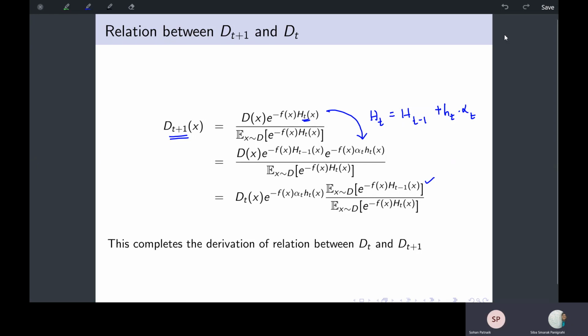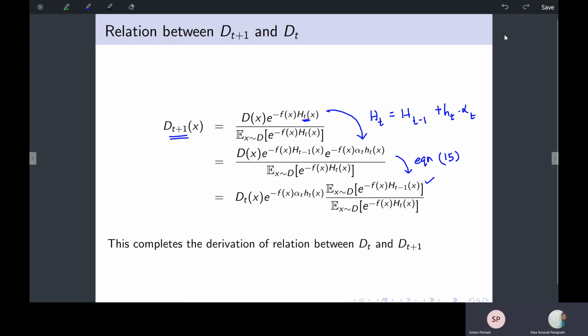In the previous slide, we saw the definition for Dt(x). This expression, D(x) into e to the power minus f(x) H(t-1)(x) divided by that expectation, simply boils down to Dt(x). And since we had divided it, we need to multiply it as well. So the rest of the things remain the same, that is e to the power minus f(x) alpha t into h_t(x).